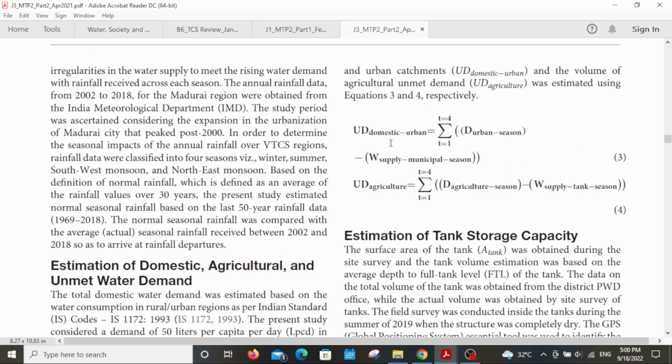And likewise, we have also estimated the unmet domestic water demand and unmet agricultural water demand using this equation. So, kindly look into the details.